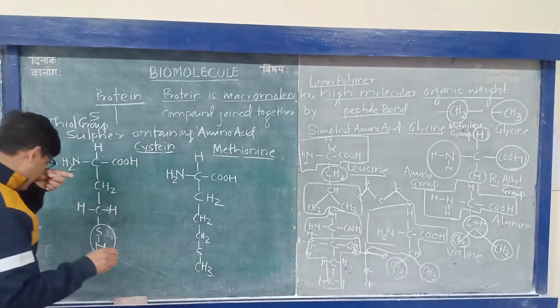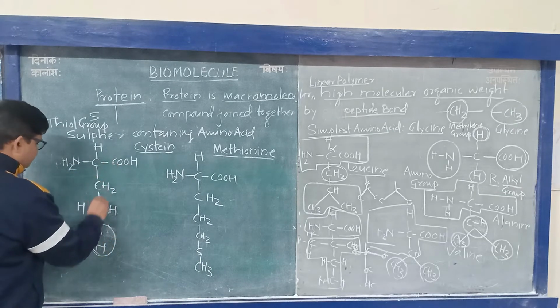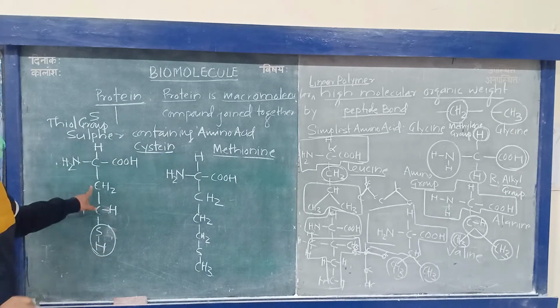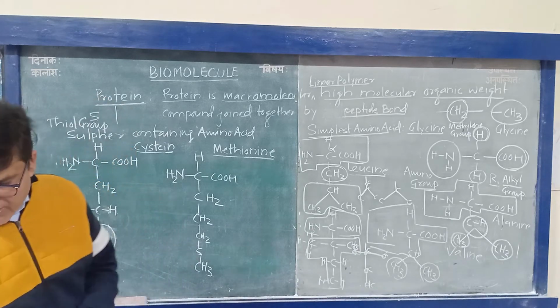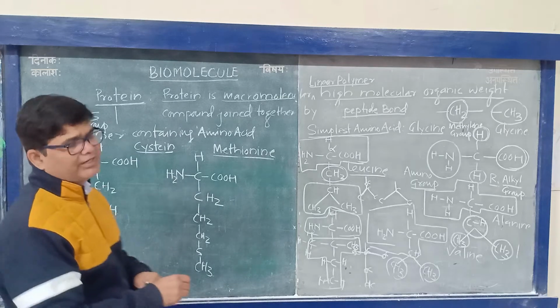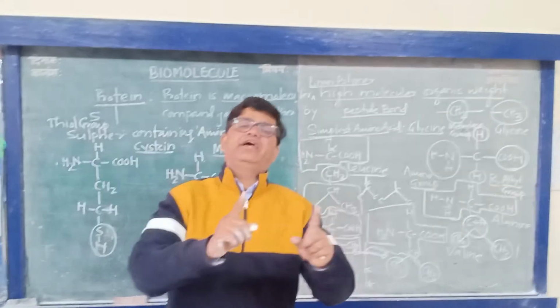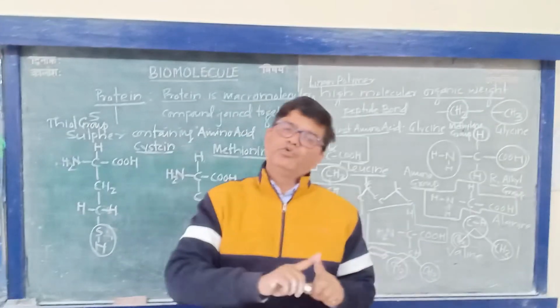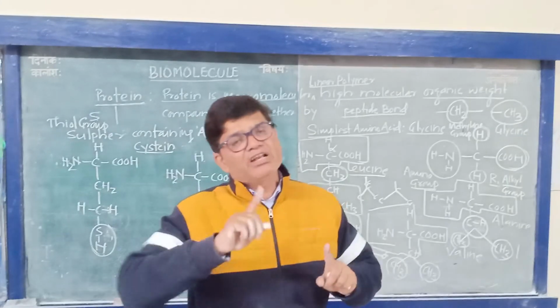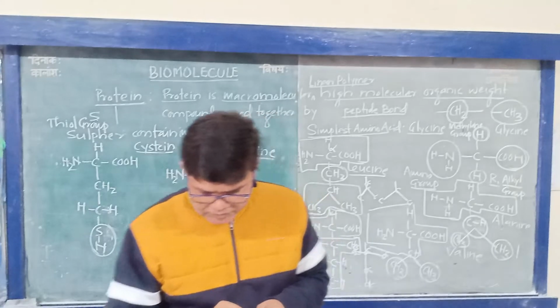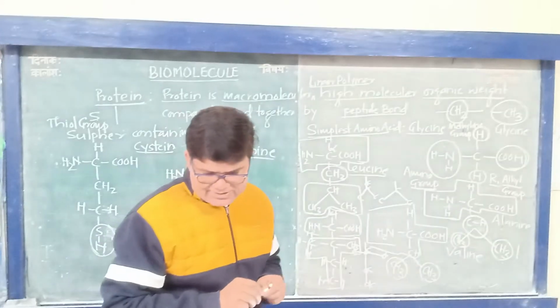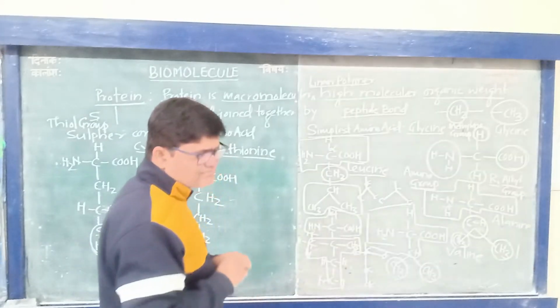So how many carbons are there? 1, 2, 3, 4. In this case they have 4 carbons. Cysteine and methionine both have a thiol group, meaning sulfur containing amino acids. So just go through these chemical structures.